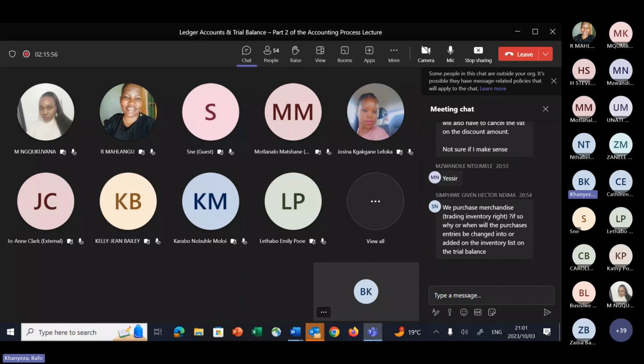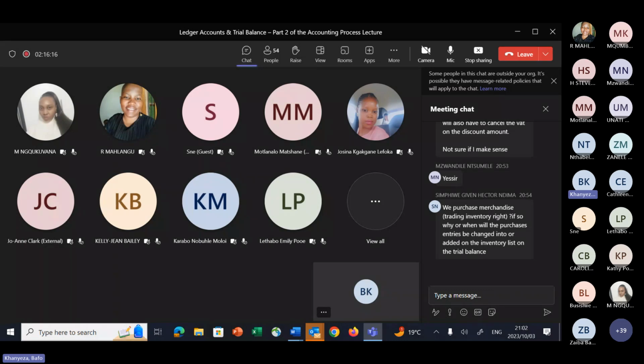We purchase merchandise. So when or why will the purchases entries be changed to the inventory list?